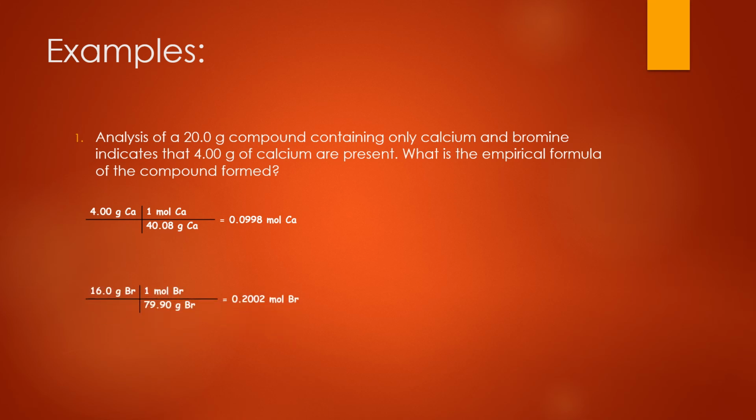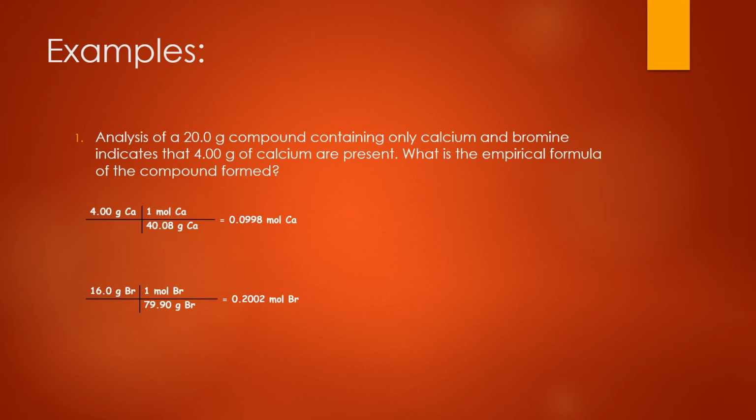We're going to do the same thing for the bromine. So 16 grams of bromine divided by 70.90, which is the molar mass of bromine, and we get 0.2002. Now remember, the 4 grams of calcium was in the problem, and the 16 grams of bromine came from 20 minus 4.